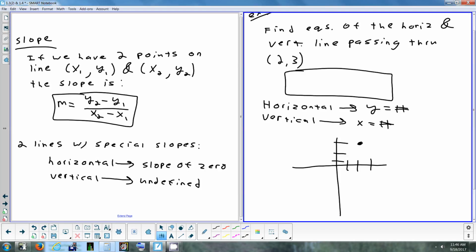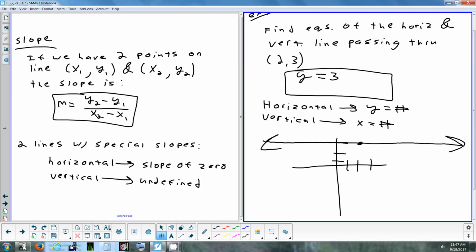So what would be the equation of the horizontal line that would go right through the point (2, 3)? It would be y equals 3. That's the line y equals 3 right there.